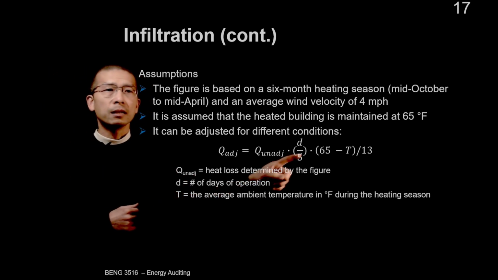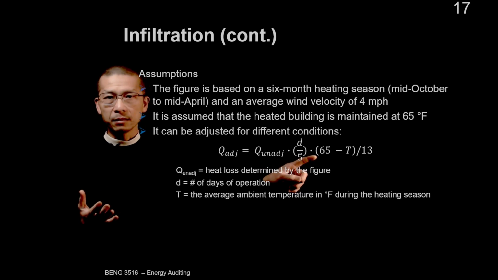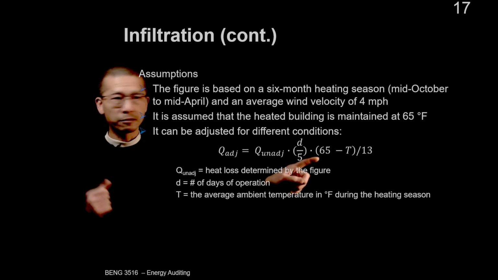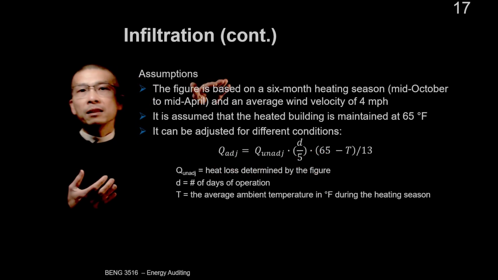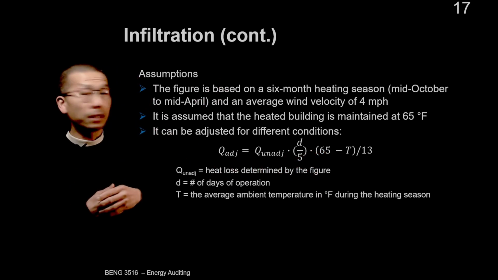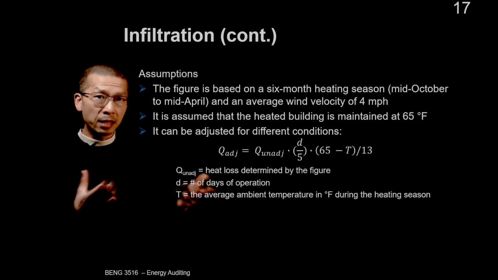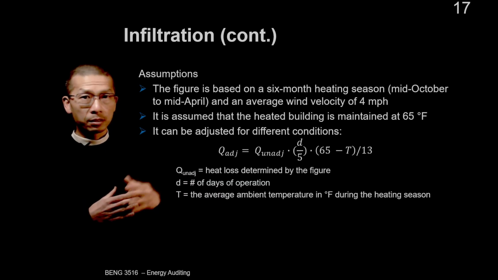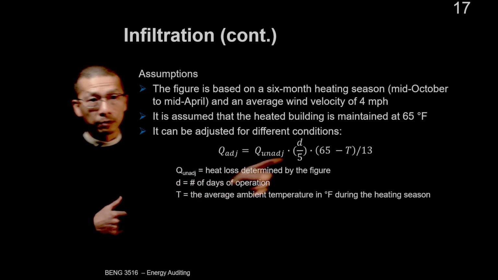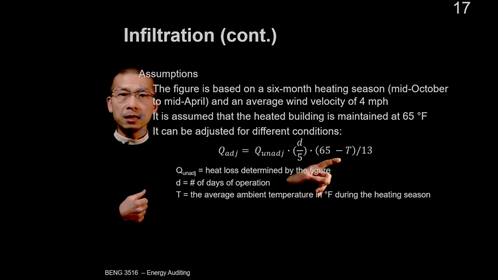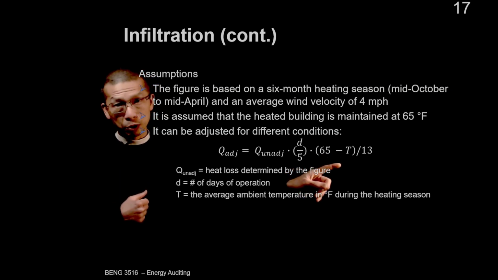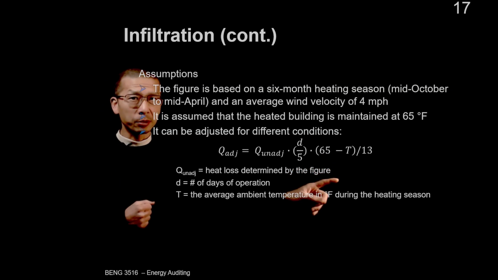Because the chart is using 65, heat to 65, so we have 65 here. If the heating is up to, say, 70 degrees Fahrenheit, which is pretty typical for winter residential buildings, but anyway, 65. T is the outdoor air temperature, the average outdoor air temperature.